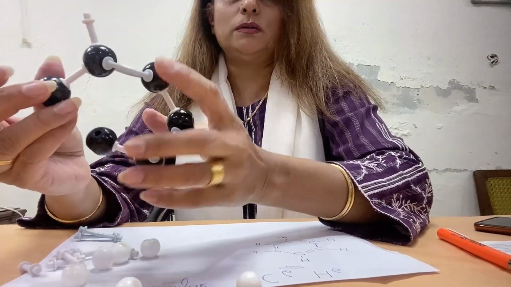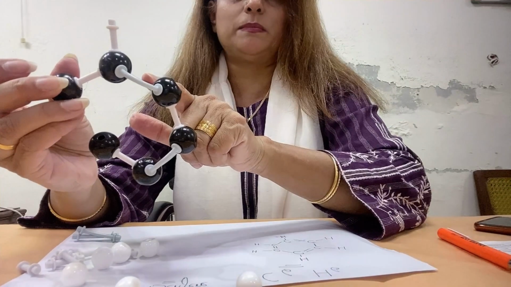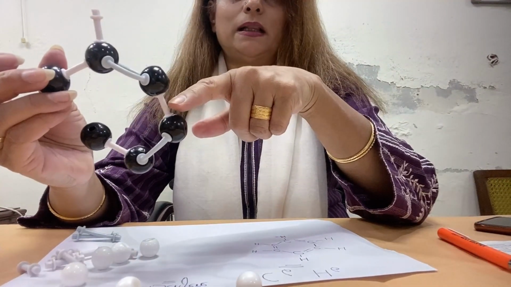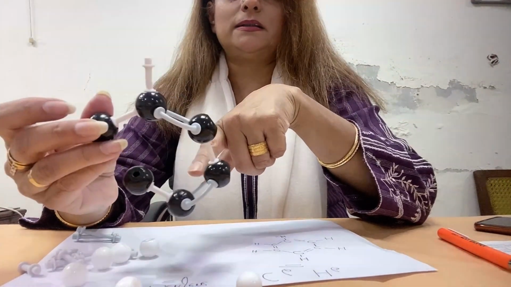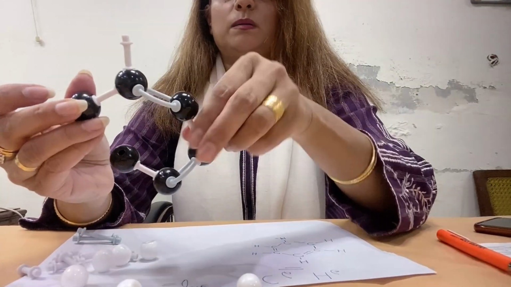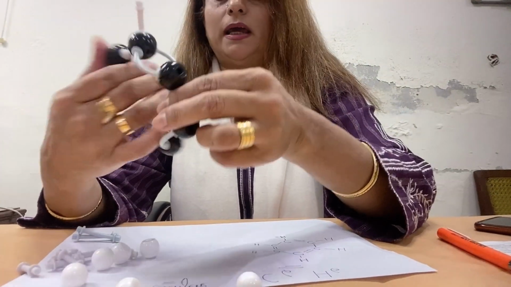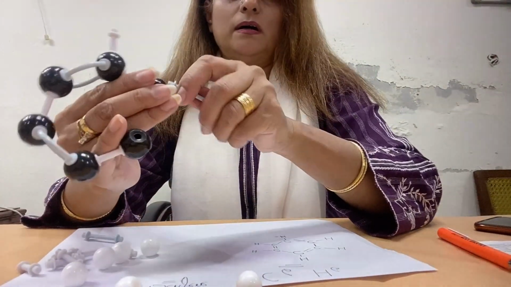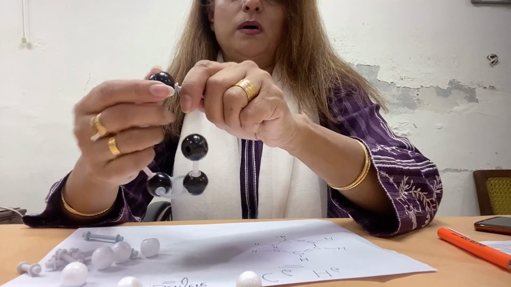So you can see the first double bond, and then a single bond, and then again a second alternate double bond, then again a single bond, then again the third alternate double bond.